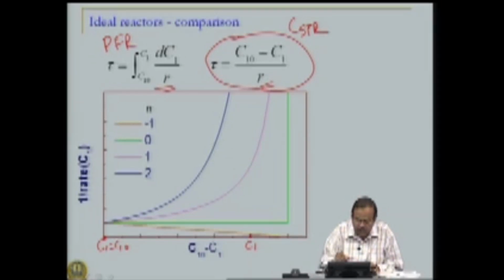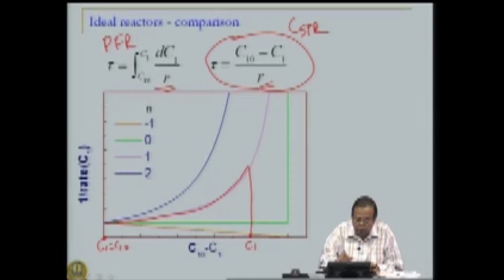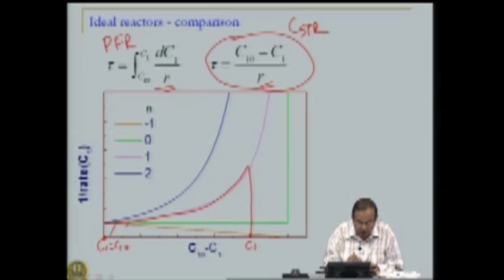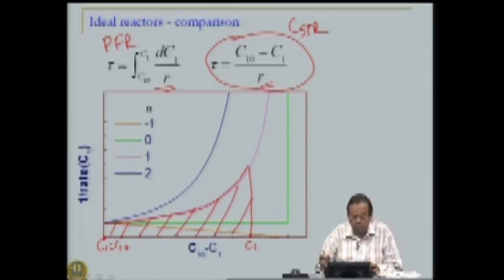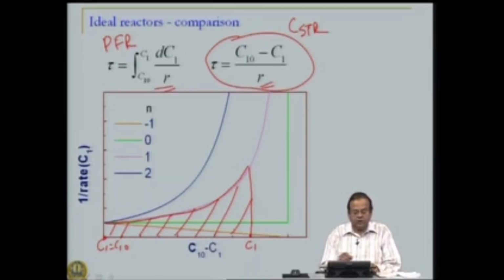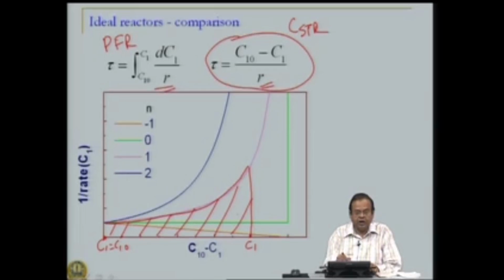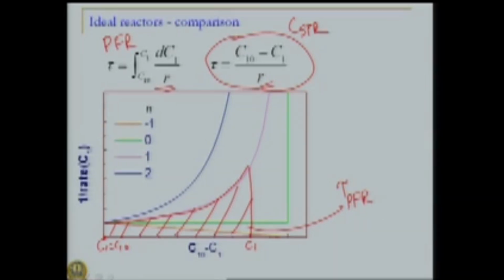This integral is nothing but the area under the curve of this violet line. All this area under the curve is the value of this integral. So, what is this shaded area? This shaded area is nothing but the residence time required for the plug flow reactor.